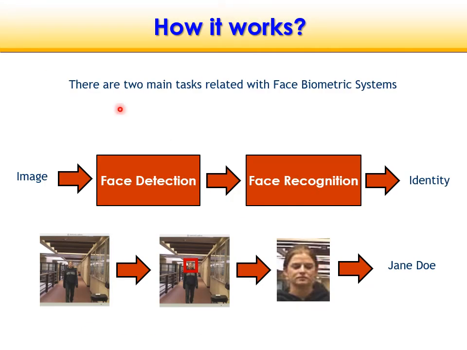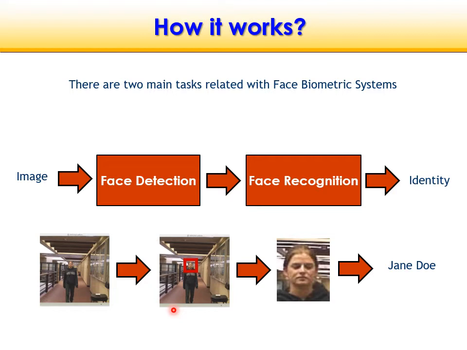So we will have the first stage. From the general image, we will have to detect the face, and this depends very much on the scenario. For example, in surveillance images, the distance to the camera usually is long, so the face usually has to be found in a large context.